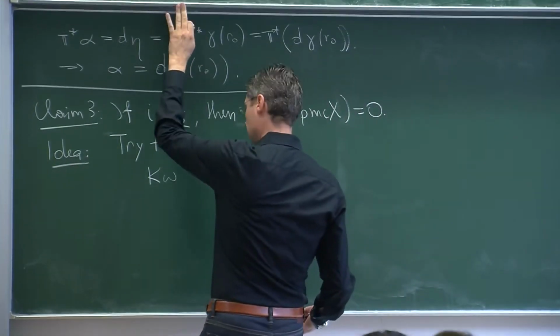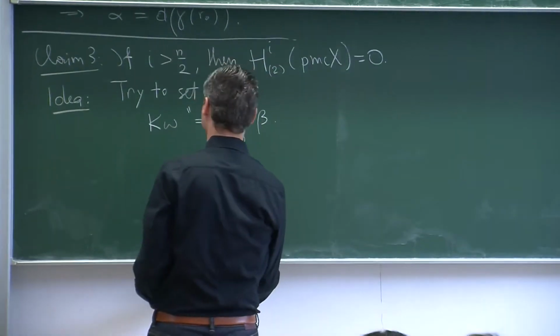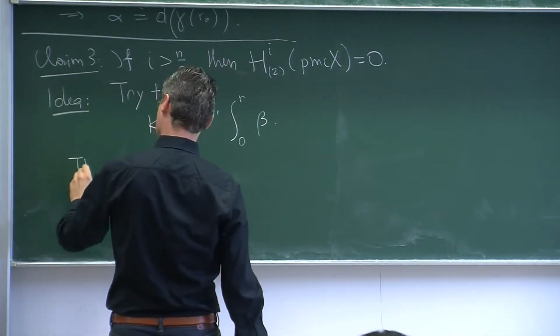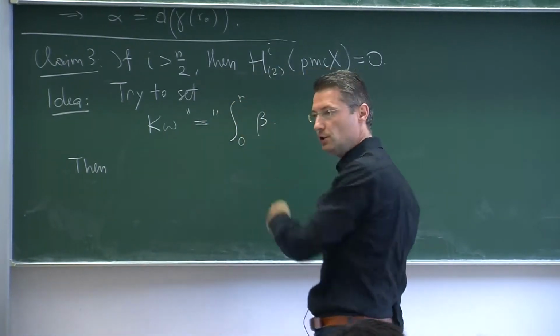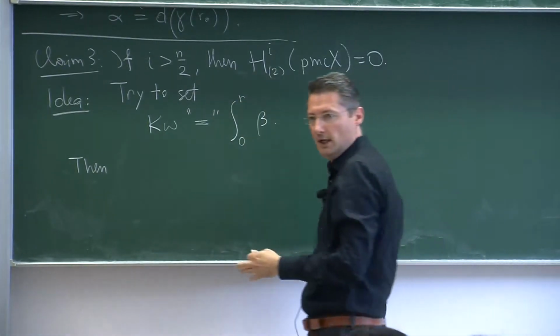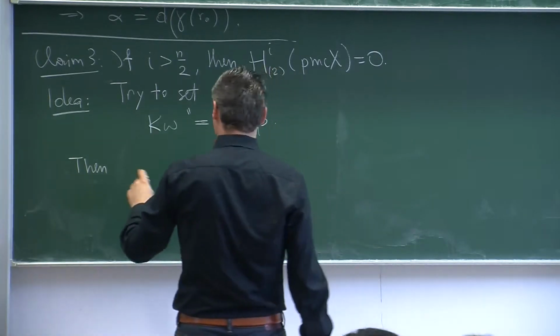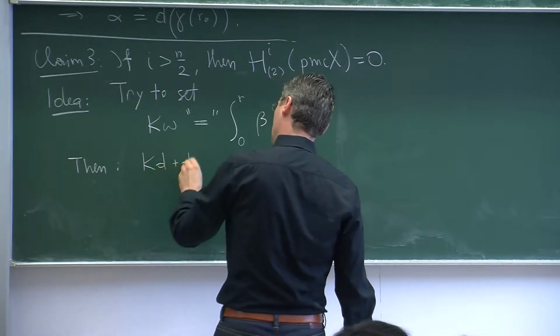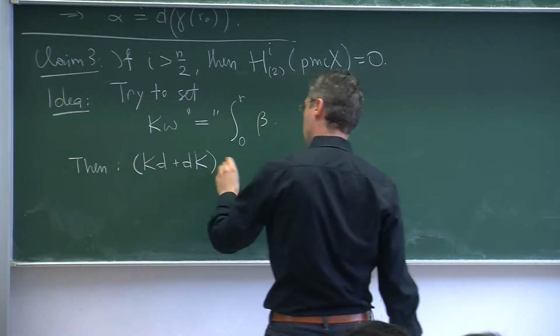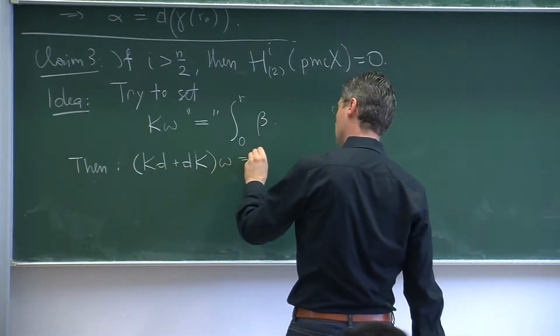If this works, then it would show, if you actually knew that this integral existed, you could then readily show that kd plus dk of omega is equal to omega.